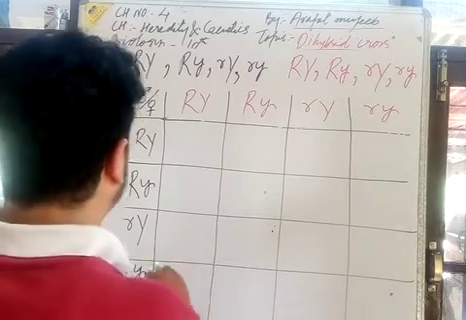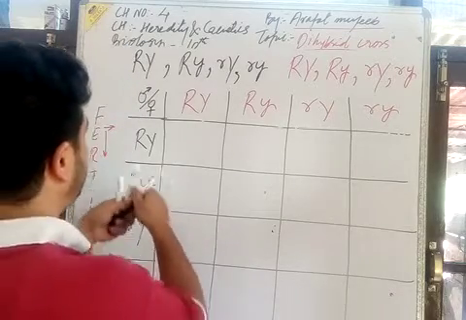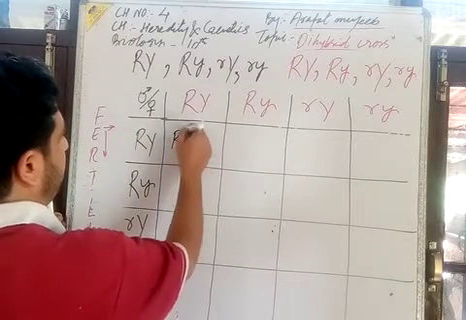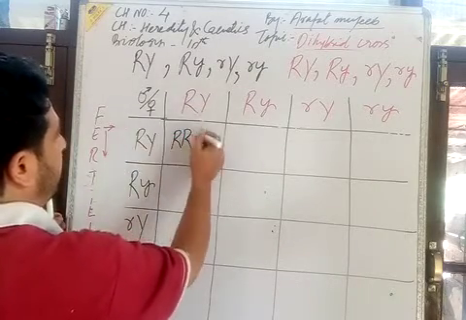Let us start here. I can write here capital R. Here capital R. यहाँ पे ऐसे ही लिखो capital. They are the same.